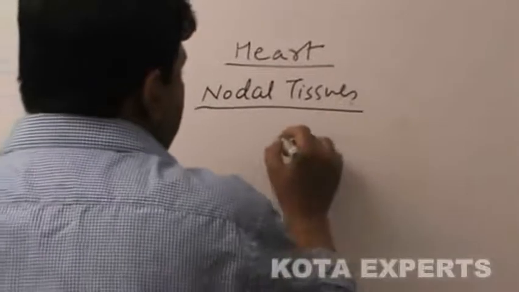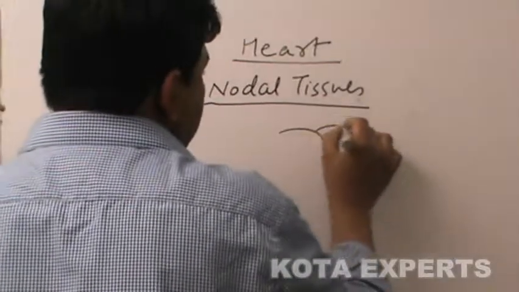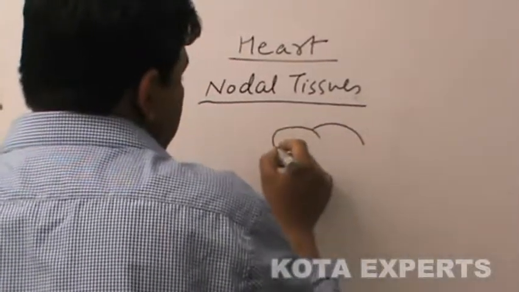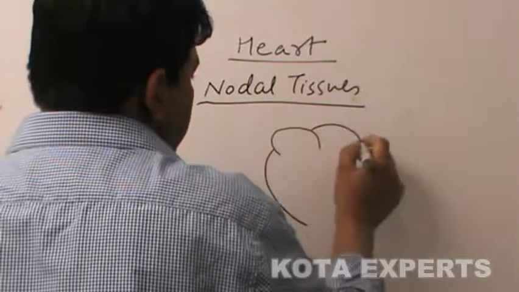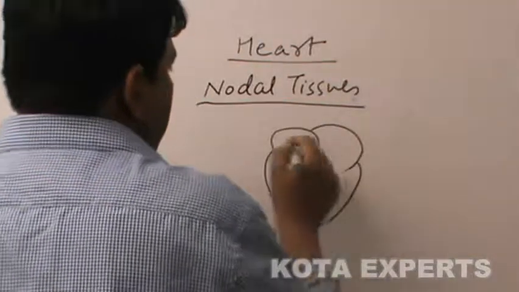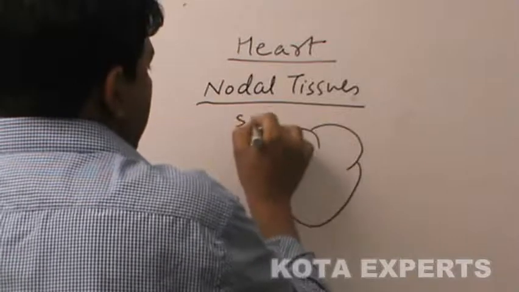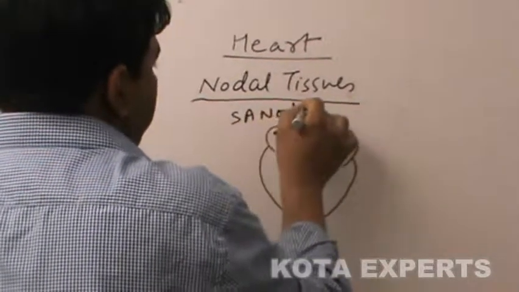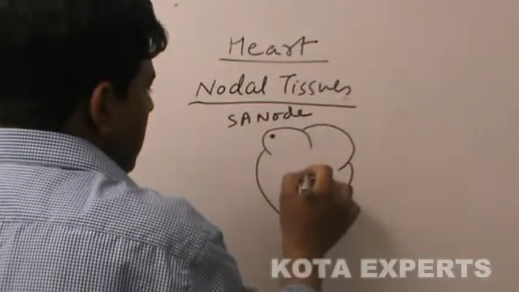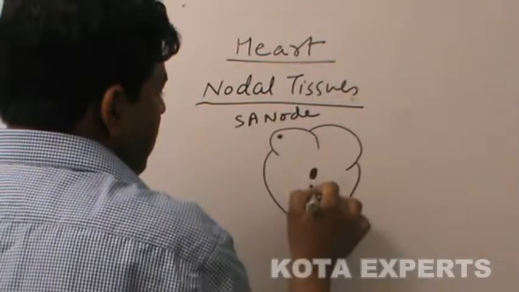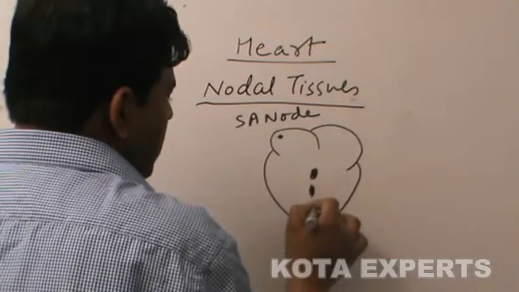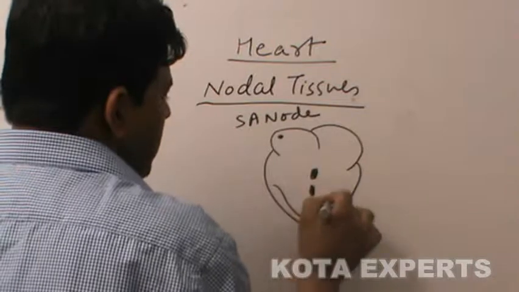These are of many types, such as SA node, AV node, bundle of His, and Purkinje fibers.